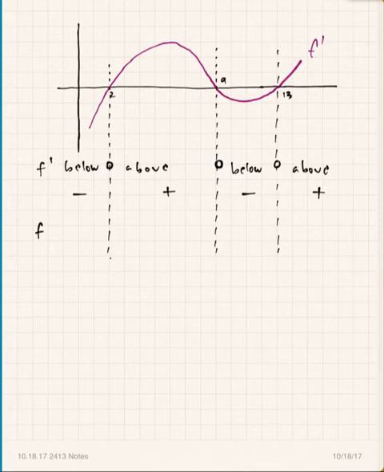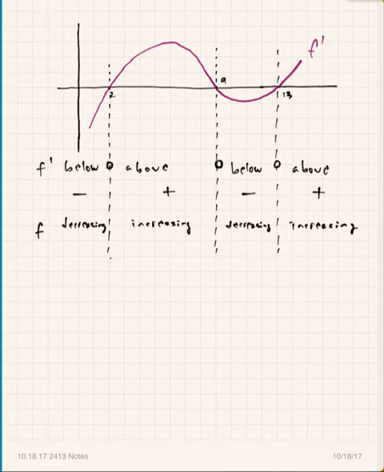The graph is decreasing until you get to 2, and then it is increasing when you're between 2 and 9. Then it's decreasing again from 9 to 13, and then it's increasing after that.